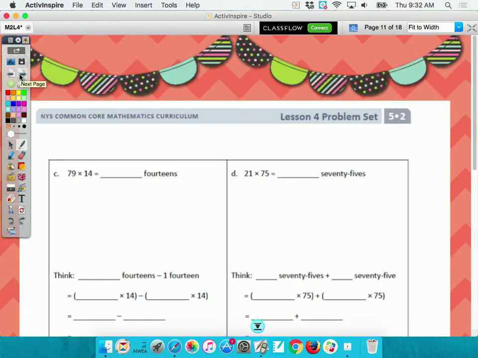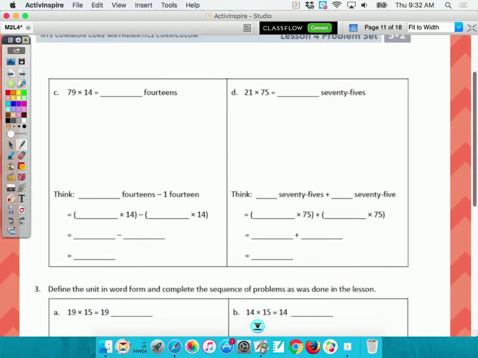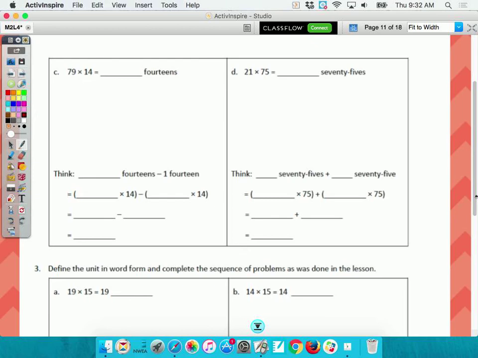Let's take a look at the next one. We are not going to do all of these, but I want to do this one for sure. So C, okay? So before I start, I'm going to change it to unit form.